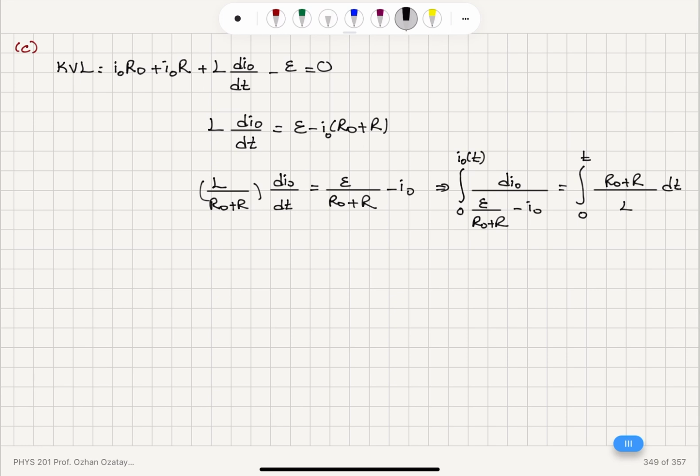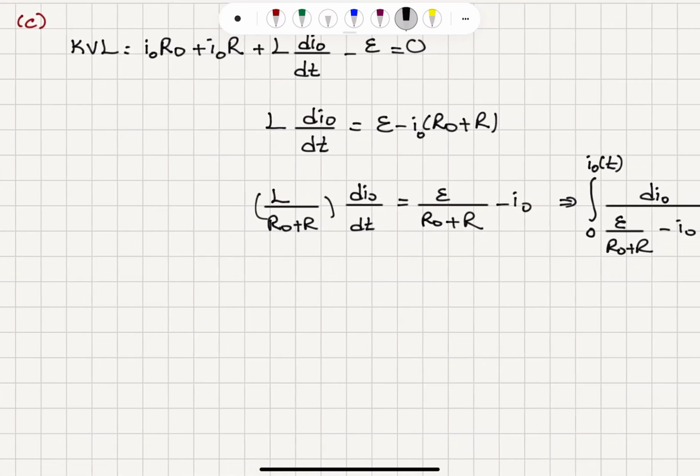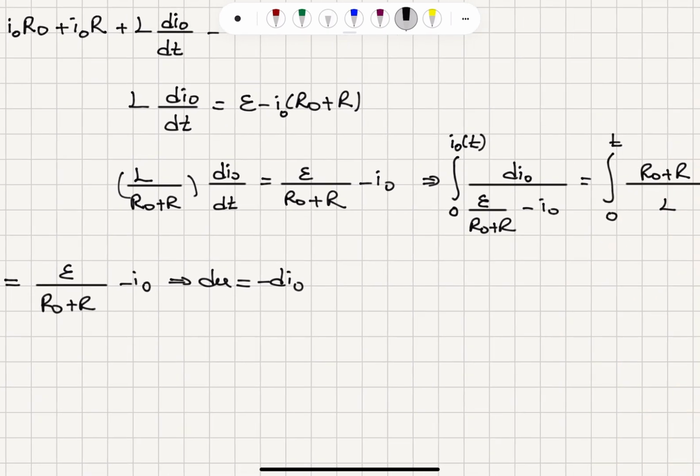Okay, so I have to perform this integral. What I'm going to do is let u equal epsilon over R0 plus R minus I0, so that du is equal to minus di0.